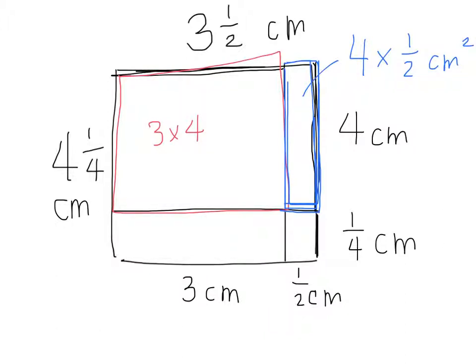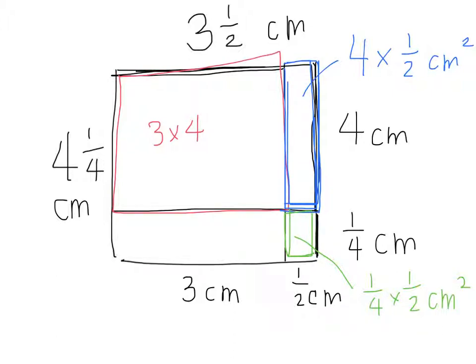Okay, good. Now, what is the area of this green one? It's the little one. Okay, there we go. What is the area of that rectangle? Goni? I think it's 1/4 centimeters. Good. Square, right? Very good.